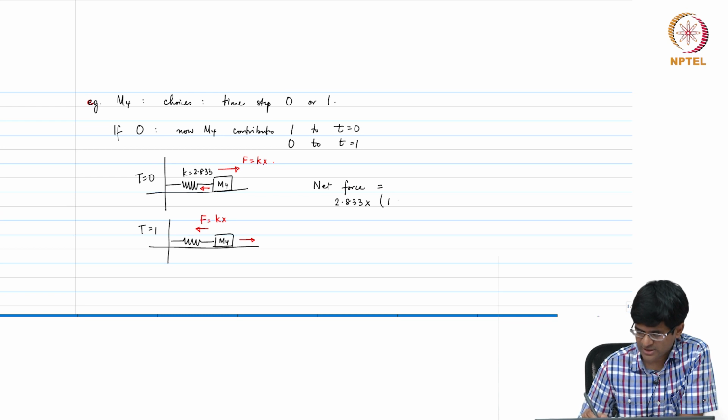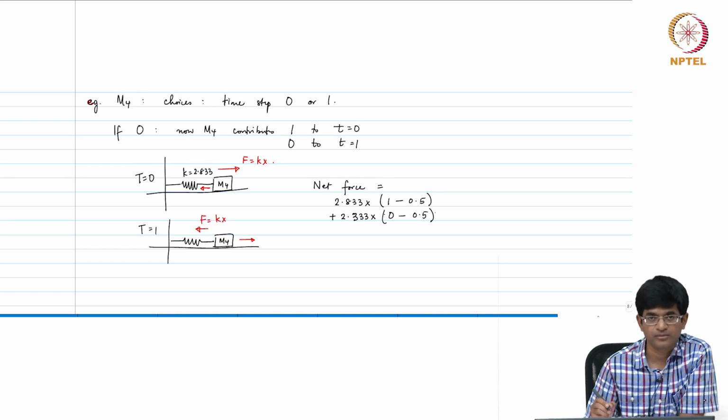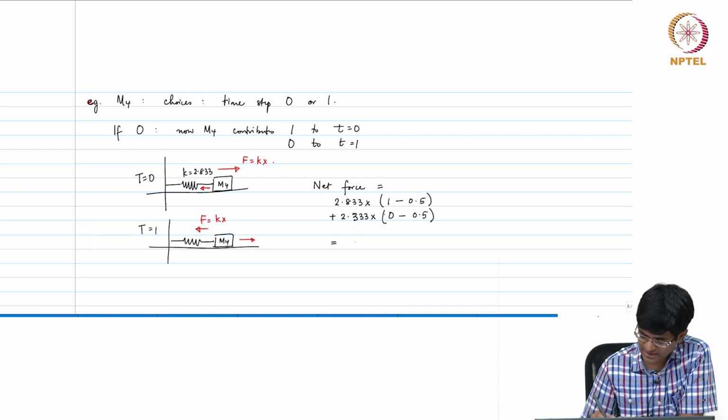The new contribution is 1, the old contribution was 0.5, plus in time step number 1, the new contribution is 0, the old contribution was 0.5. Okay. And if we add both of these together, what we get is plus 0.25.